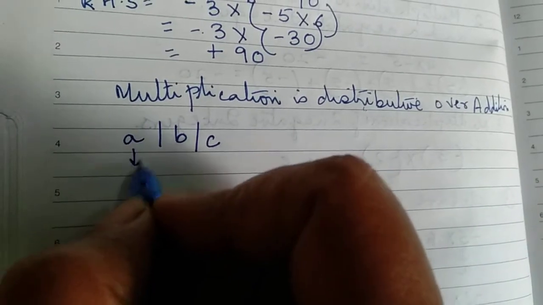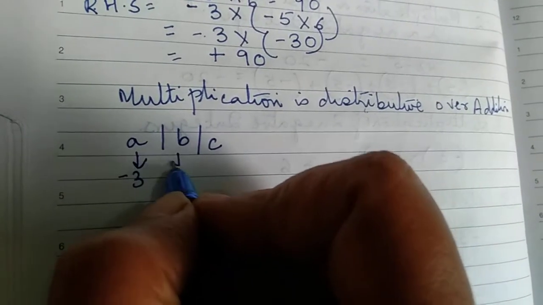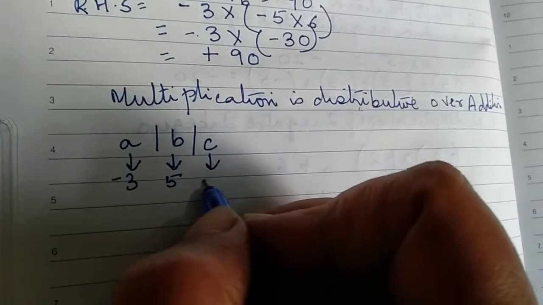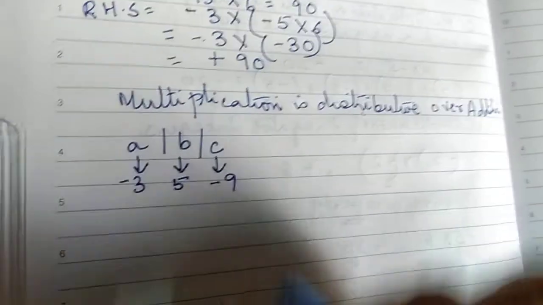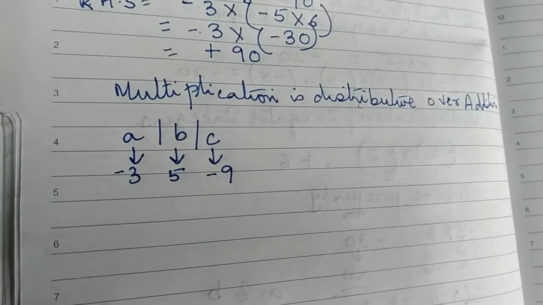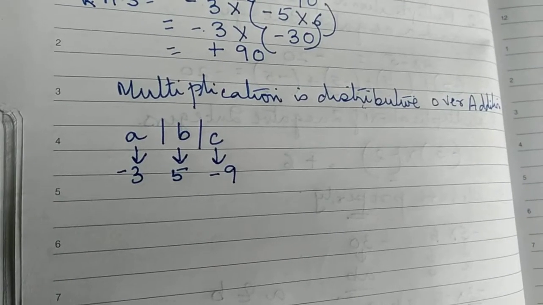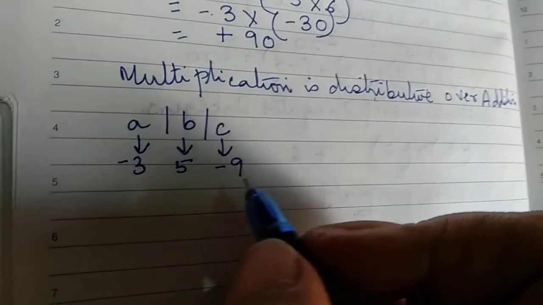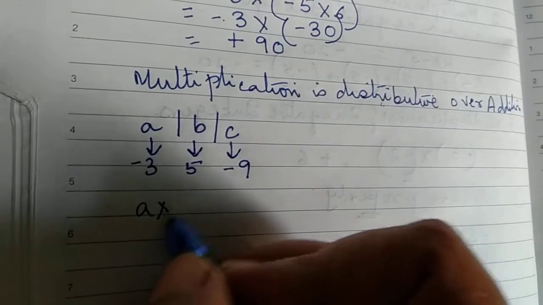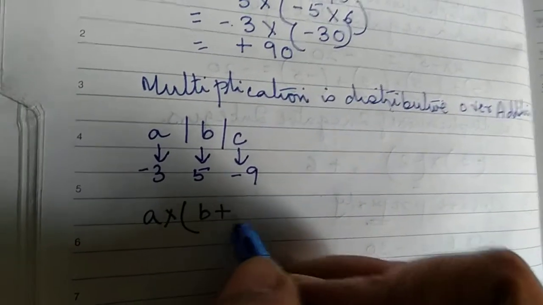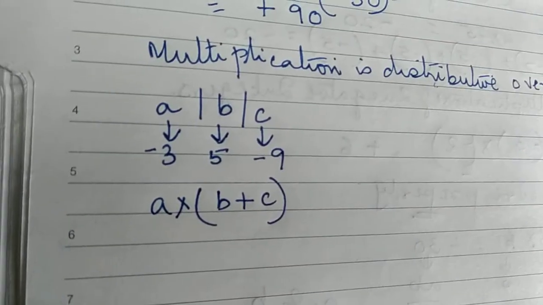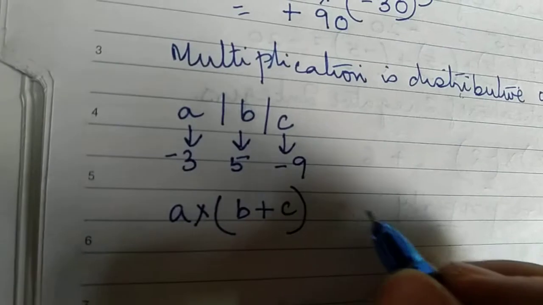Let a be -3, b be 5 and c be -9. Okay. Now, if I do a into b plus c, what do we mean by that?